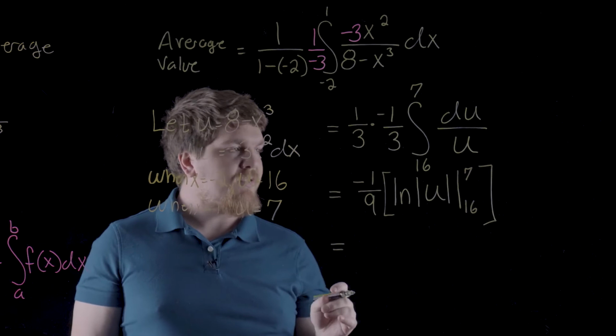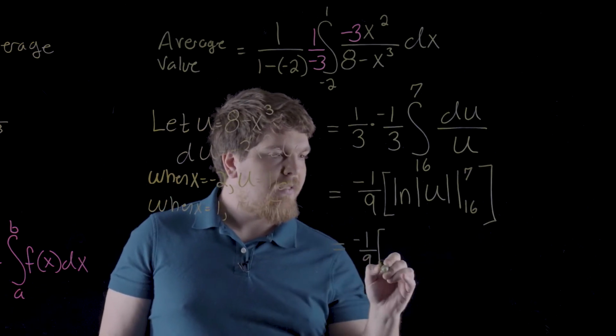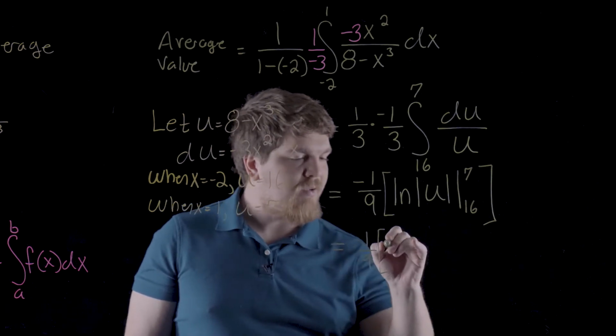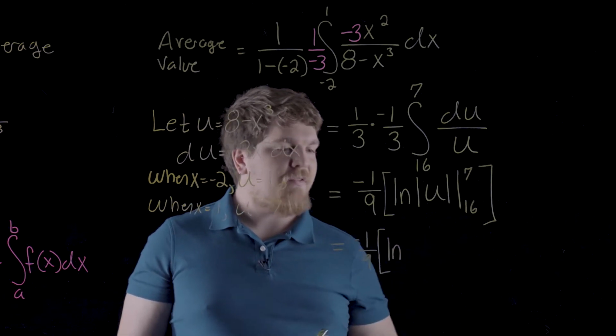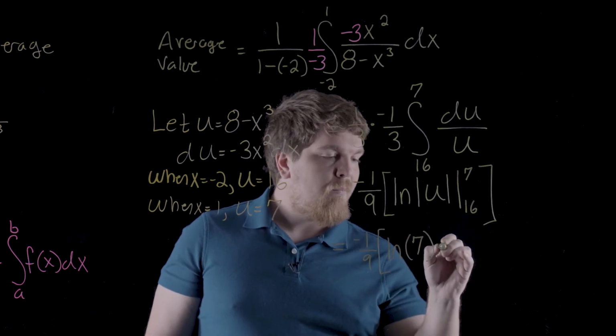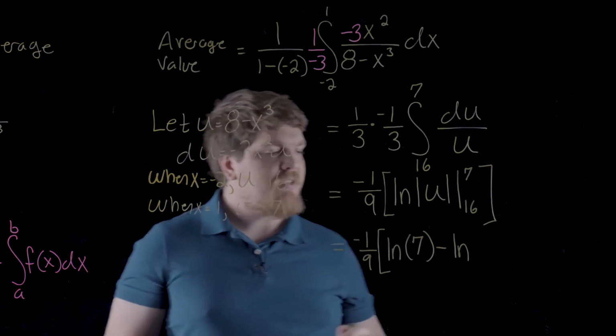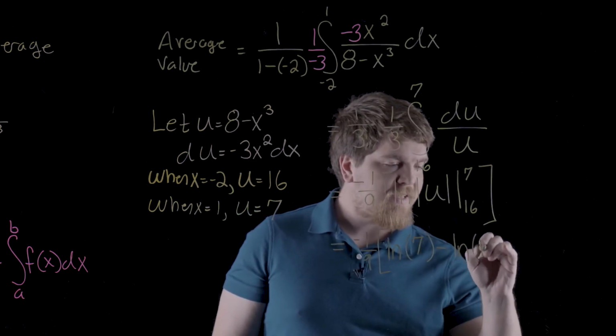So we'll go ahead and we'll substitute in 7. That leaves us with negative 1/9 times the natural log of the absolute value of 7, which is just 7, minus the natural log of the absolute value of 16, which is just going to be the natural log of 16.